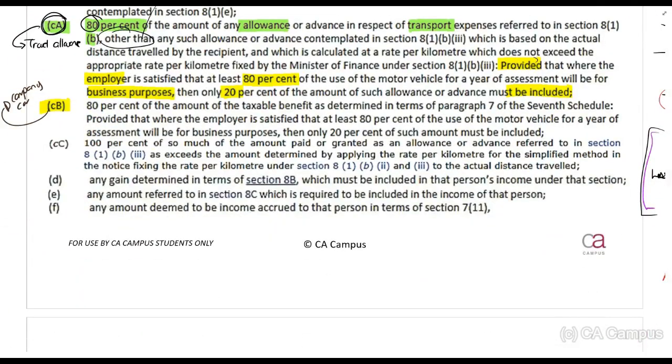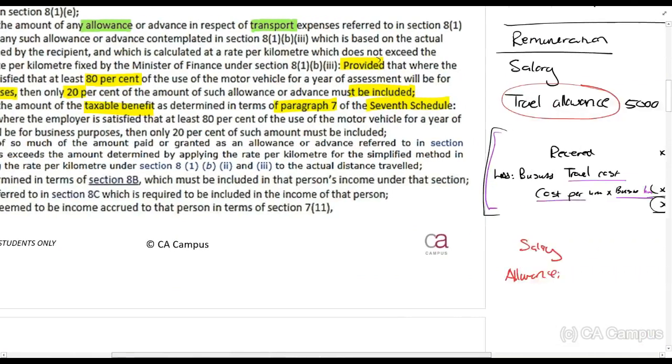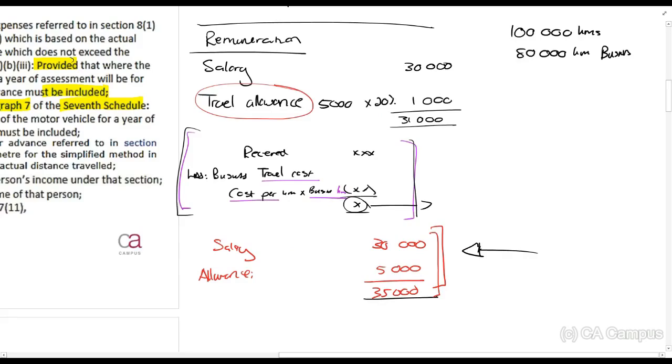It says 80% of the amount of the taxable benefit in terms of paragraph 7 of the 7th schedule. Right. So this is, you also don't take into account the deductions against it. So let's say there's a company car with a value that you receive of 100,000 per month, and there's no maintenance plan, it'll be 100,000 times 3.5% times 80%.